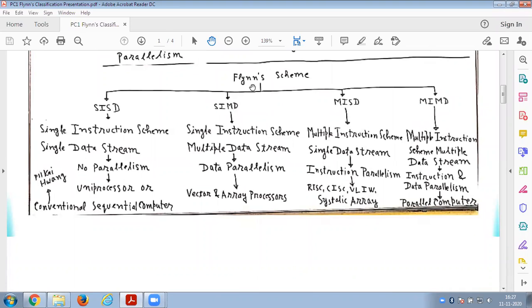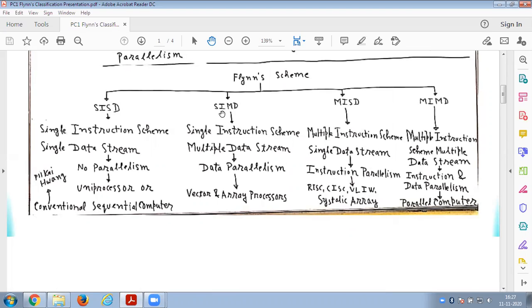According to Flynn's classification scheme, computers may be of four types: SISD, SIMD, MISD, MIMD. SISD means single instruction stream, single data stream. I will tell you shortly the meaning of stream.